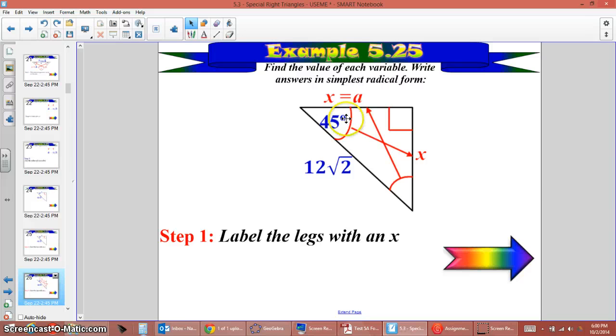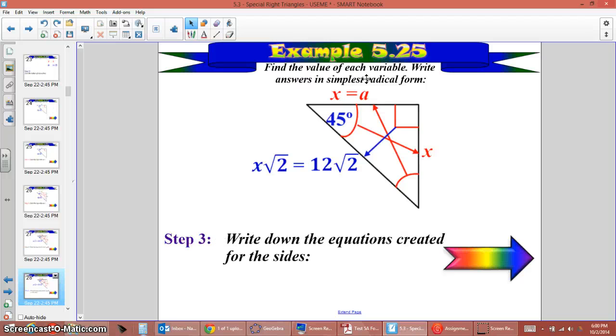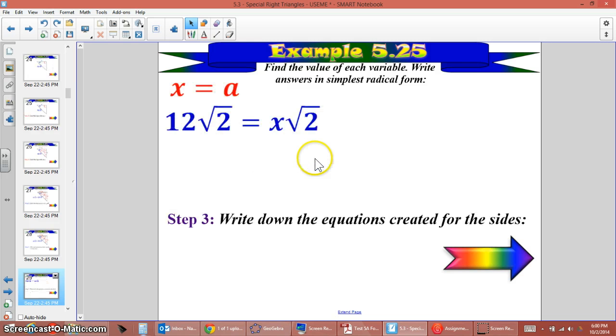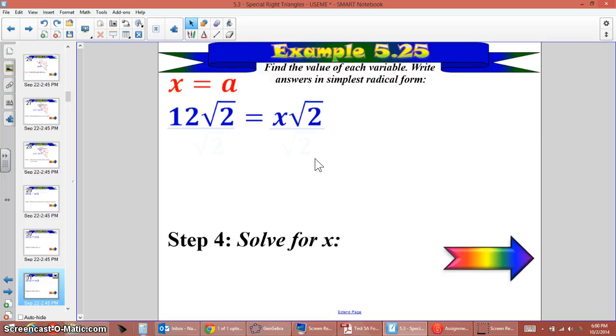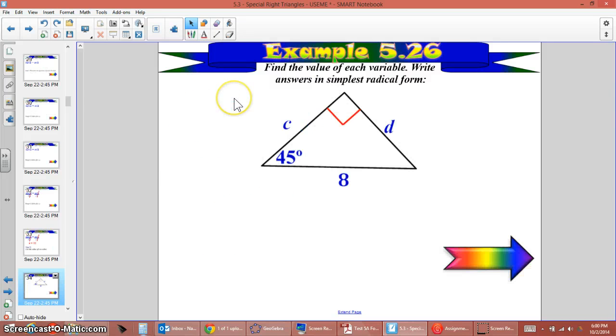I say across from 45 is x, across from 45 is a. Across from the 90 is x root 2. Notice how 12 and x are in the same position. I divide both sides by root 2, and I end up knowing that x equals 12. And since x equals 12, a equals 12.